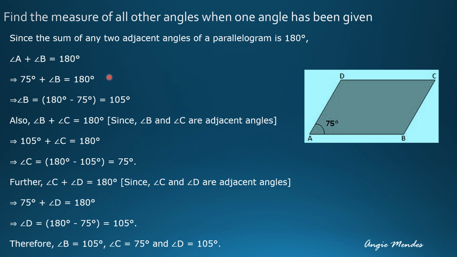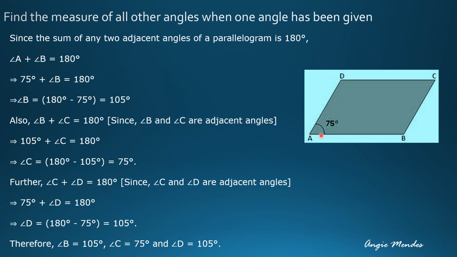Let us take an example where we have to find the measure of all other angles when one angle has been given. Now in this parallelogram, angle A has been given and the measure of this angle is 75 degrees. Now we know that the sum of the adjacent angles of a parallelogram is 180 degrees. Keeping this in mind, we will write angle A plus angle B is equal to 180 degrees.